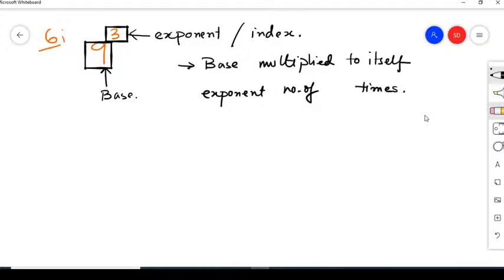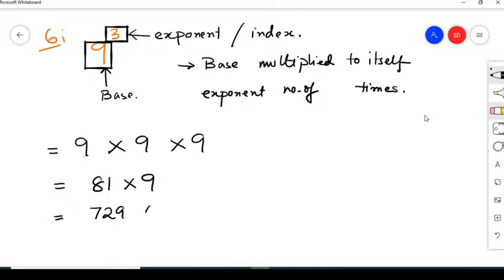Okay, so that means 9 into 9 into 9. So 9 nines are 81, 81 into 9 equals 729. That's the answer. It is not 27.